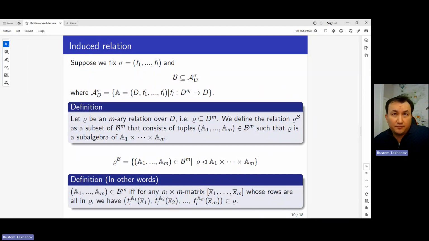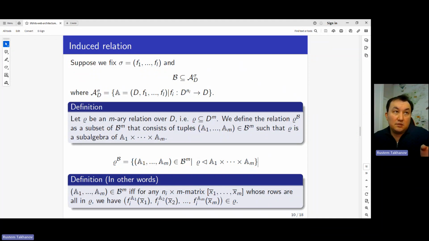Here by Cartesian product of algebras we of course understand the standard definition of Cartesian product of algebras from universal algebra. So what does it mean that rho is a subalgebra of A1 times etc. AM? It means that if you take an operation from each of those algebras, for example, the first operation from A1, the first operation from A2, the first operation from AM, and you build this tuple of operations, then this tuple of operations element-wise preserves rho.